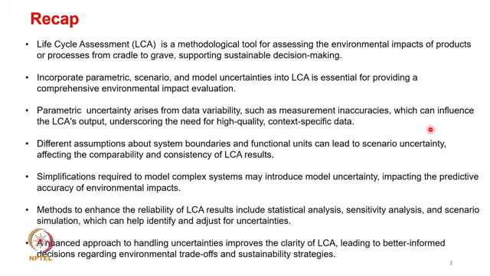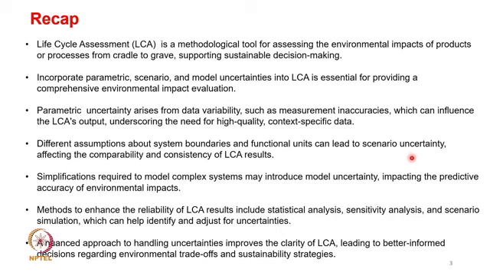Parametric uncertainty typically arises from uncertainty related to data availability and measurement accuracies, which can influence the life cycle analysis. We also looked at different assumptions about the system and system boundaries, and at what functional units are.